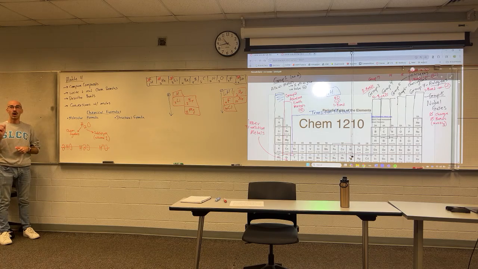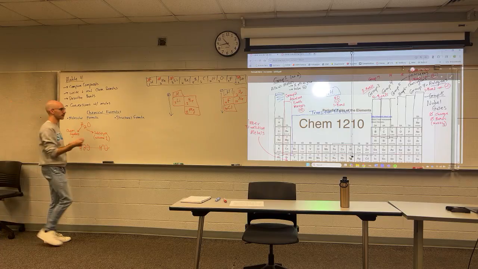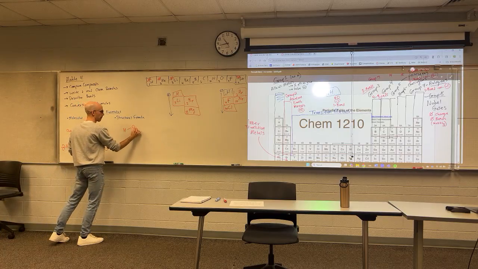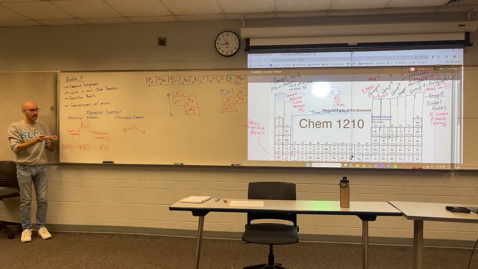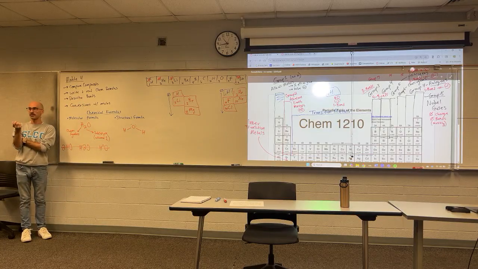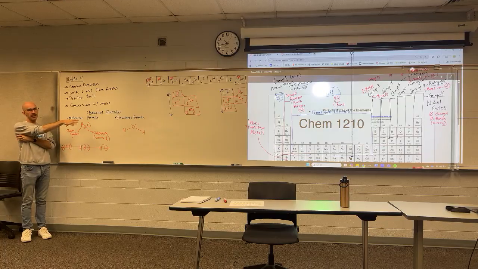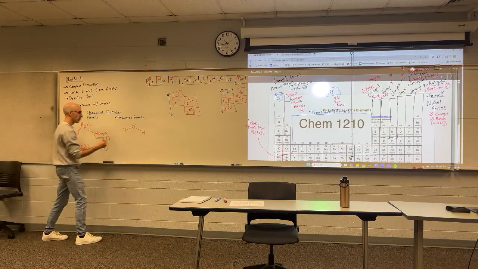Structural formula also uses chemical symbols. Now you'll notice that I'm drawing some lines between the 2 hydrogens. I'm not using subscripts. And then I've got more information that we're going to talk about later. I've got those dots. No subscripts.